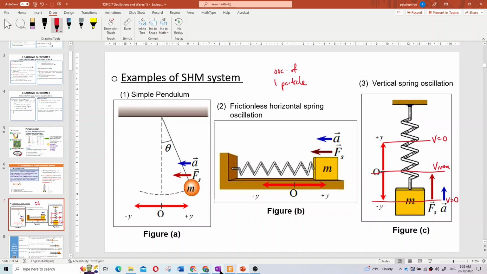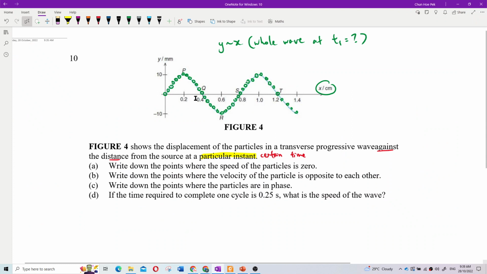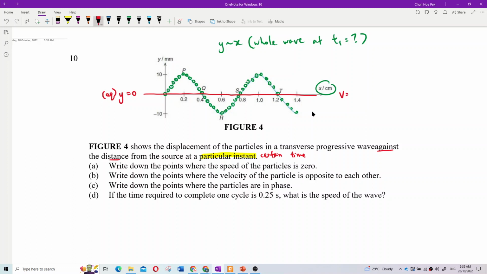So the same thing goes for the many particles here. At this position, y equals 0, at equilibrium, the velocity is maximum. The maximum value is a omega. Correct or not, class?